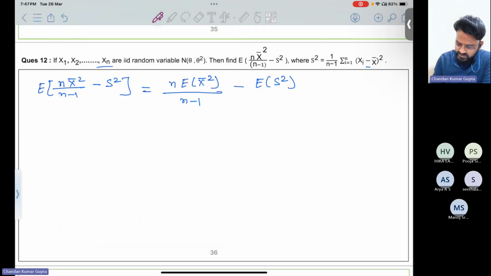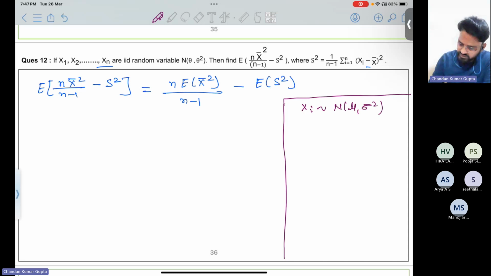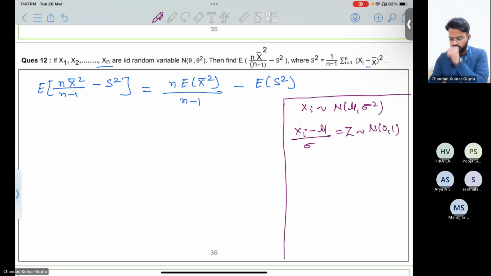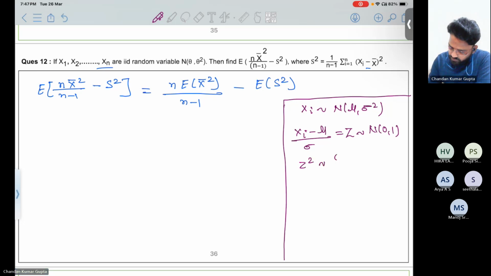In properties, if xi follows normal with mean mu and variance sigma square, then xi minus mu upon sigma, which is equal to z, follows normal 0, 1, and z square follows chi square 1.